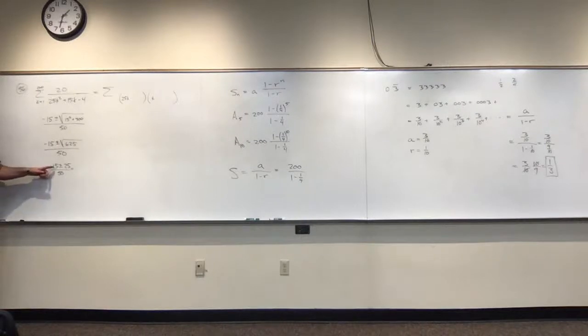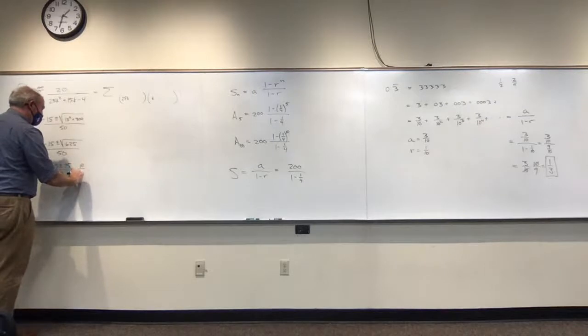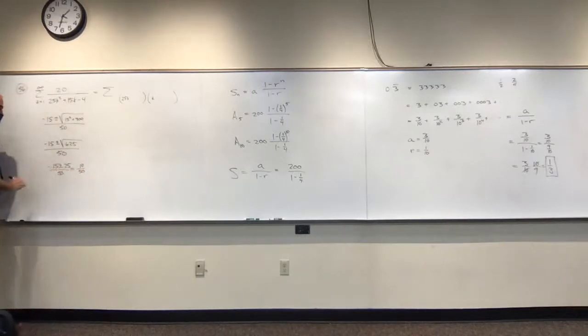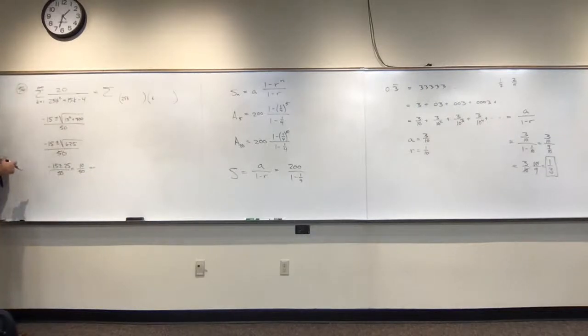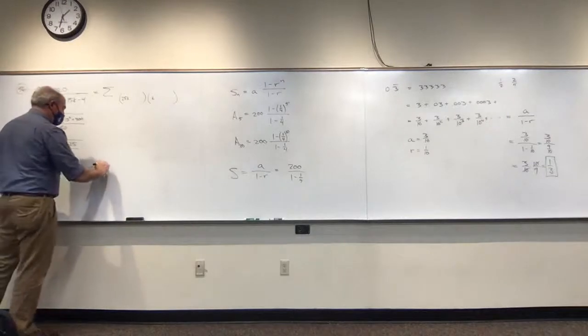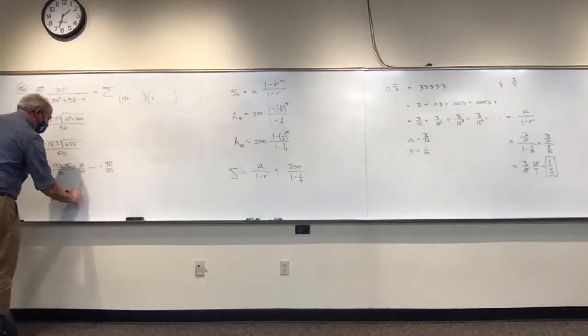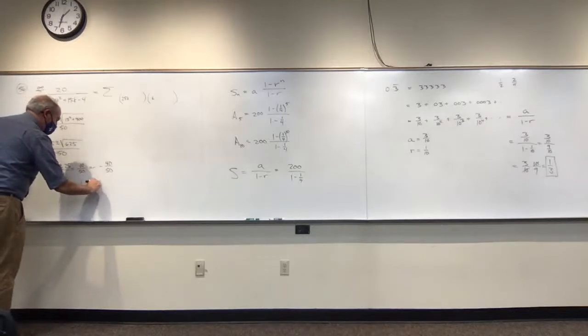So negative 15 plus 25 is 10, so that's 10 over 50. And if I did minus, it would be negative 40 over 50. So it's either 1/5 or negative 4/5.